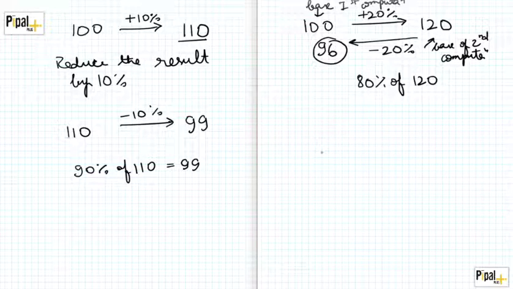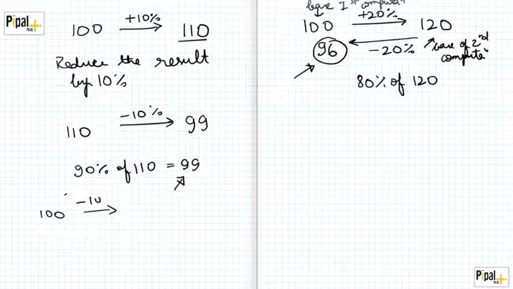So this 96 and this 99 will be the answer if I reduce something first and then increase, right? So let's compare this with a situation where I reduce 100 by 10%, and I get 90.